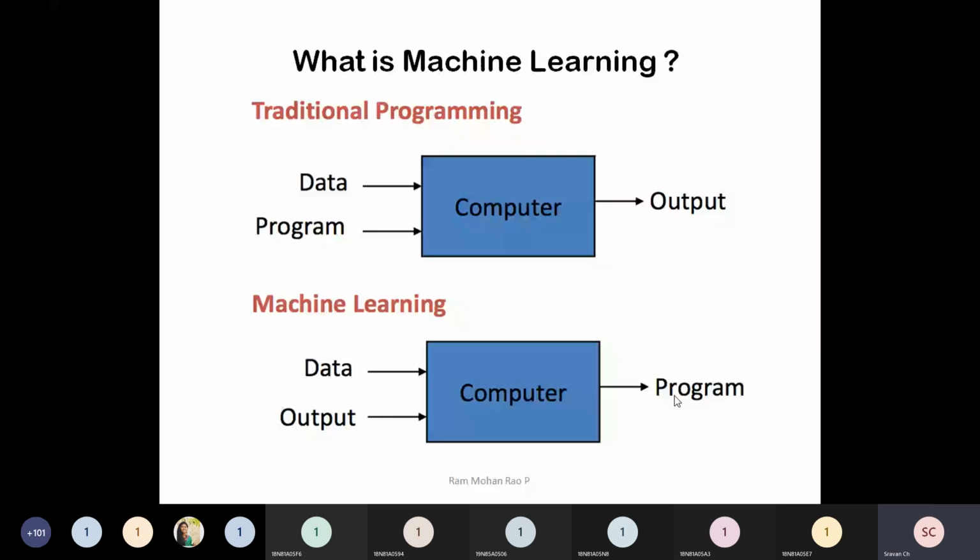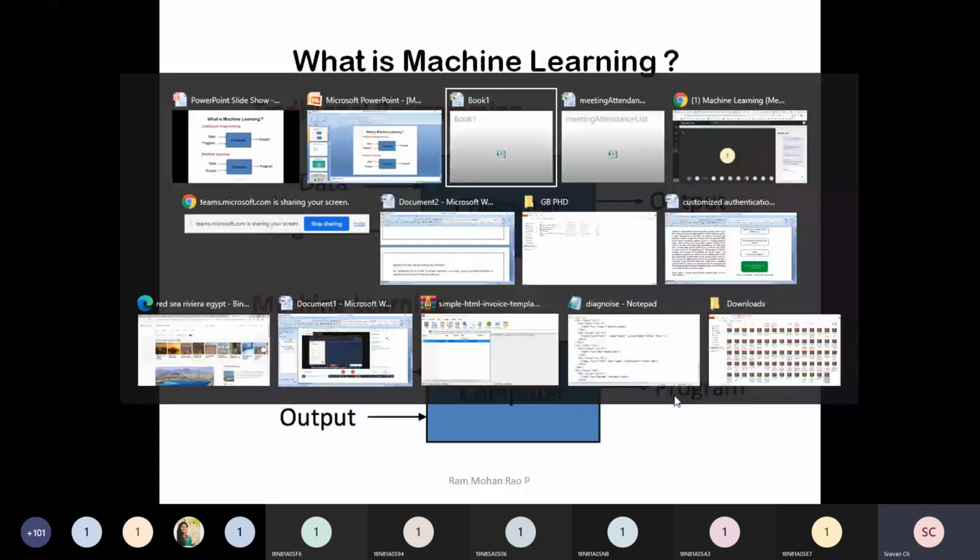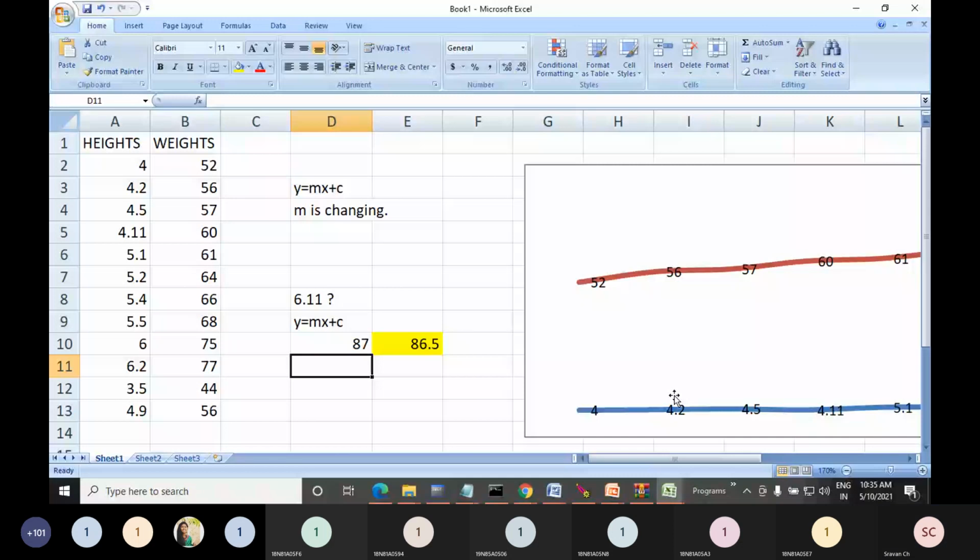So coming back to this example, friends, see here. Here, height is called the independent variable. In this example, height is the independent variable.